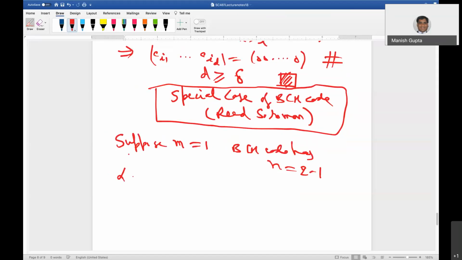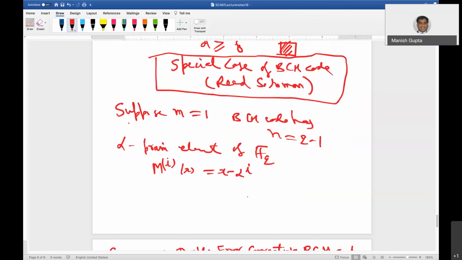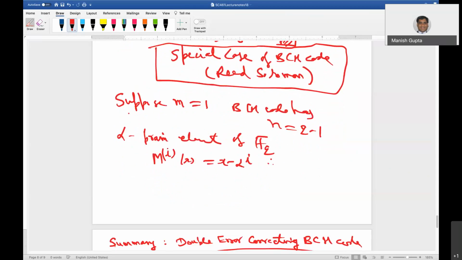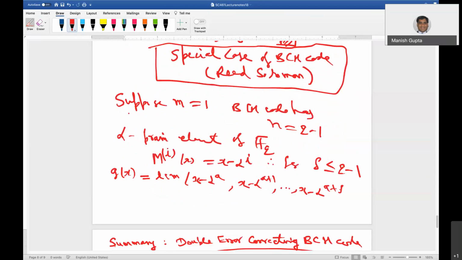If alpha is a primitive element of Fq and the minimal polynomial is x minus alpha raised to power i, therefore for delta less than or equal to q minus 1, the generator polynomial we can take as the LCM of x minus alpha raised to power a, x minus alpha raised to power a plus 1, up to x minus alpha raised to power a plus delta minus 2.